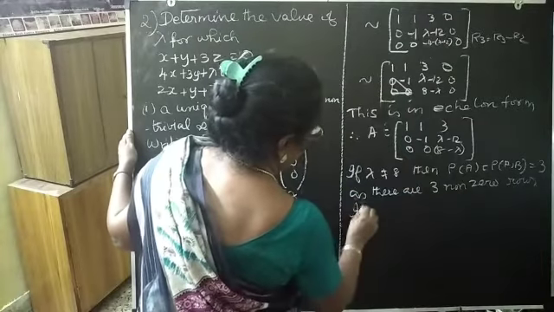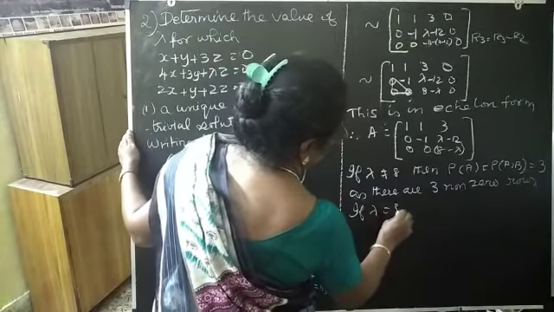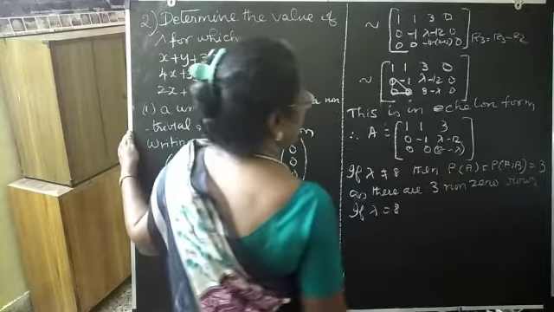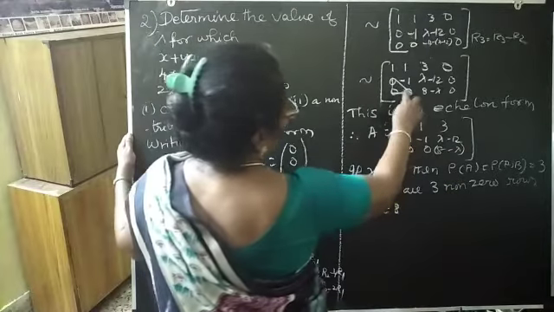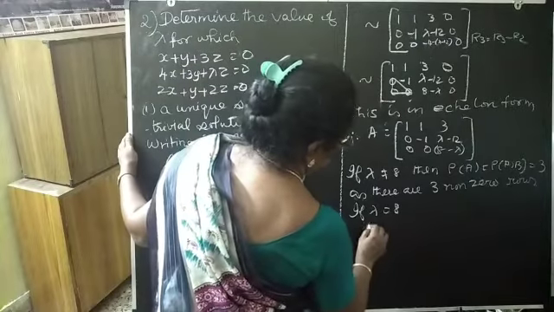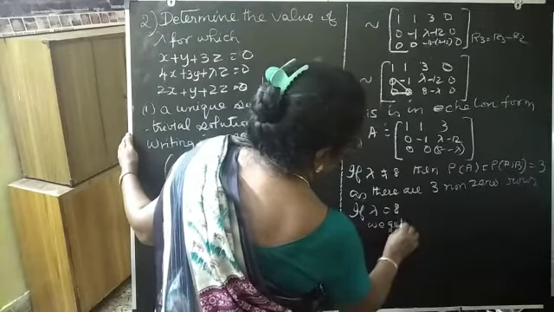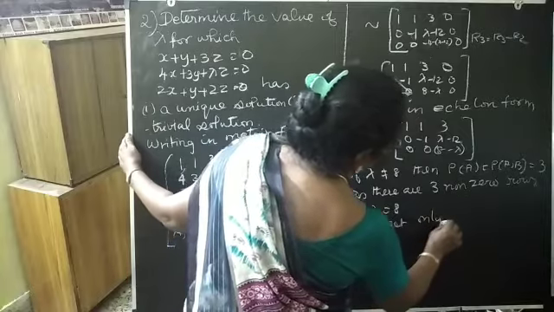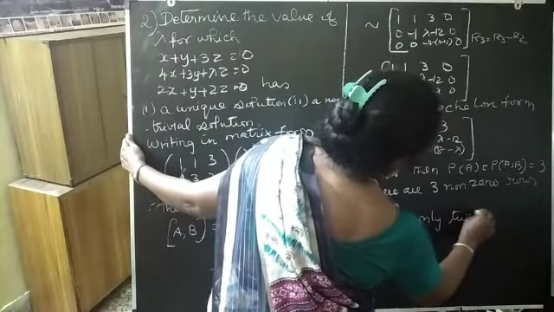If lambda is equal to 8, then this place will be 8 minus 8, which is equal to 0. Same way here also 8 minus 8, 0. We get only 2 non-zero rows.